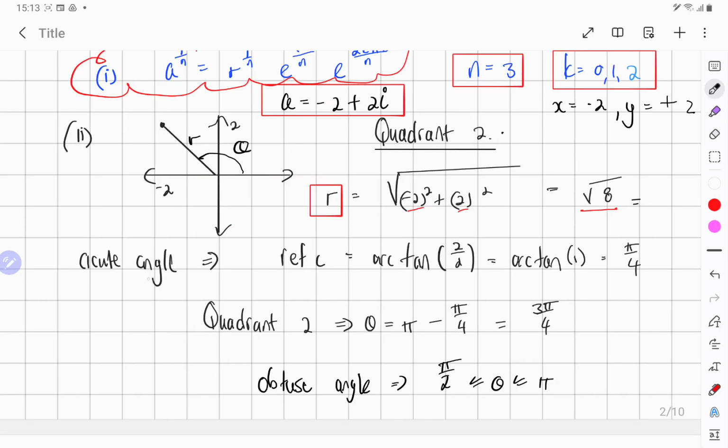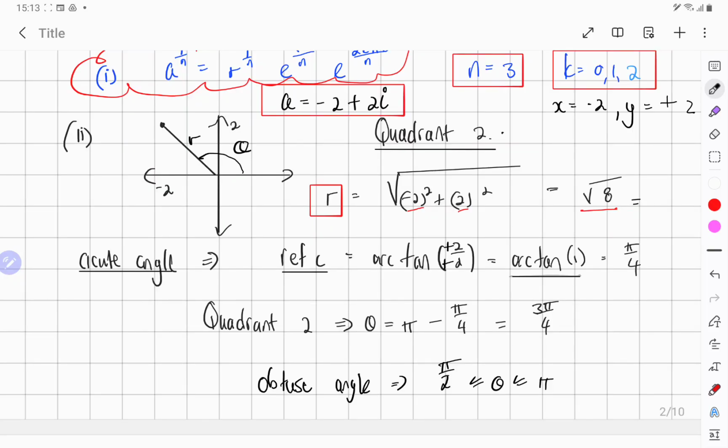And then for my reference angle, recall my reference angle must be my acute angle, and therefore I always use the positives. It helps a lot to remember acute angle, first quadrant, so x and y will be positive.